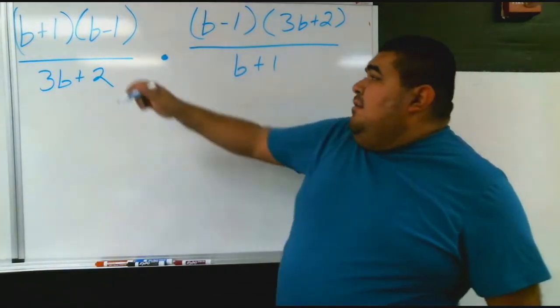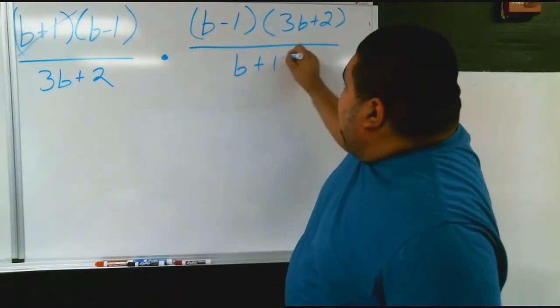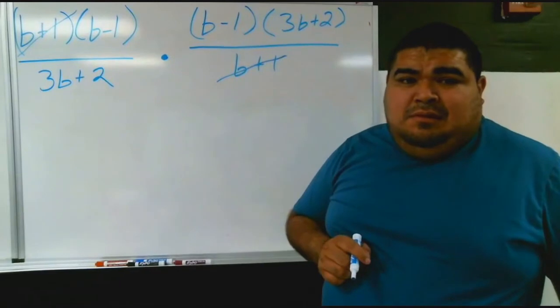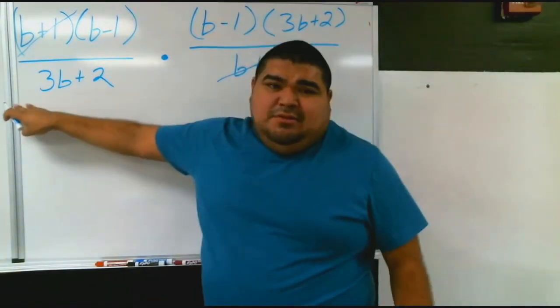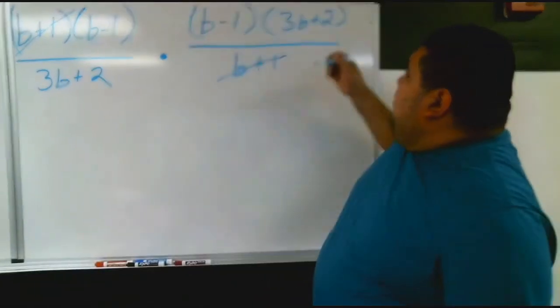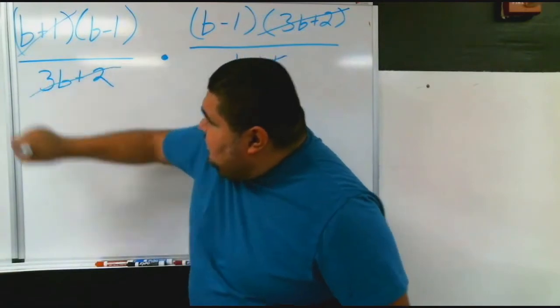We do, right? b plus 1 cancels out. b plus 1 cancels out. What about in the opposite? Anything here that is also down here? We do, right? 3b plus 2 cancels out. 3b plus 2 cancels out.